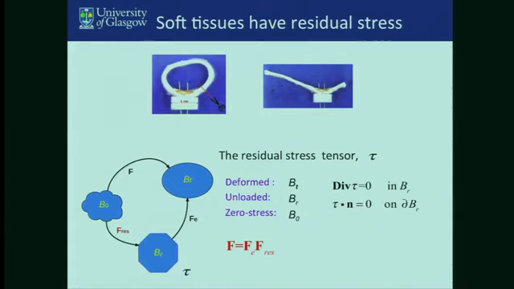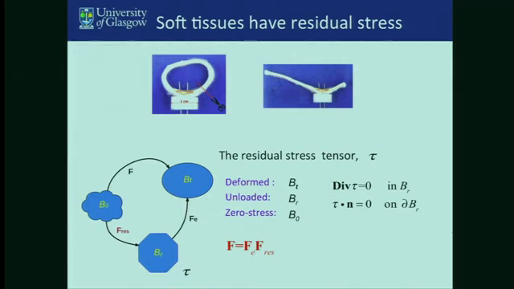And so if we call the residual stress tensor tau, and we look at the configuration again, before we had a zero stress configuration, and after loading you have a deformation gradient going to the current or deformed configuration. But now we have a reference configuration here, in which there is already residual stress, and from here to here you can apply loading. And so there are actually 3 configurations. One is called deformed, one is called unloaded, one is called zero stress.